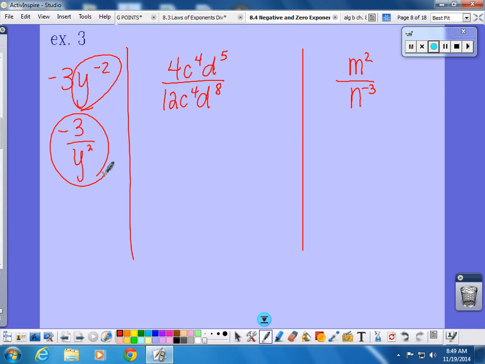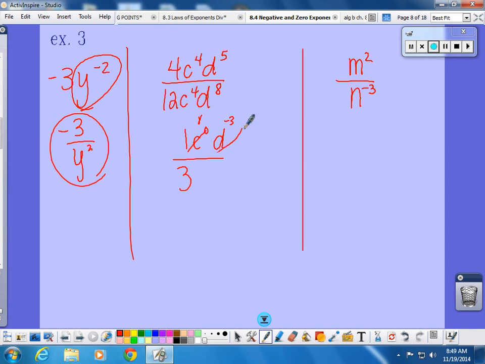In the next example, if I ignore all the c's and the d's, and I just had 4 12ths, what would that reduce to? 1/3. C to the 4th divided by c to the 4th is c to the 0 power. D to the 5th divided by d to the 8th is d to the negative 3. Using my 0 exponent rule, this becomes a 1.